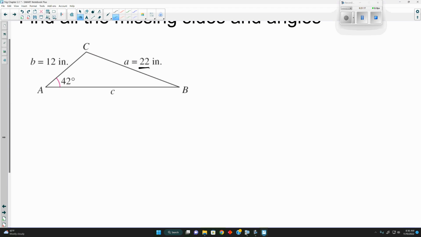And B is just the other side. Does that make sense? I know in years past when y'all have looked at this, when it deviated from A and B, it really messed with your head. But really, angle A and side A are just the angle and the side opposite. B is just the other side. So here we have one solution. So we want to find angle B, angle C, and side length C, yes?